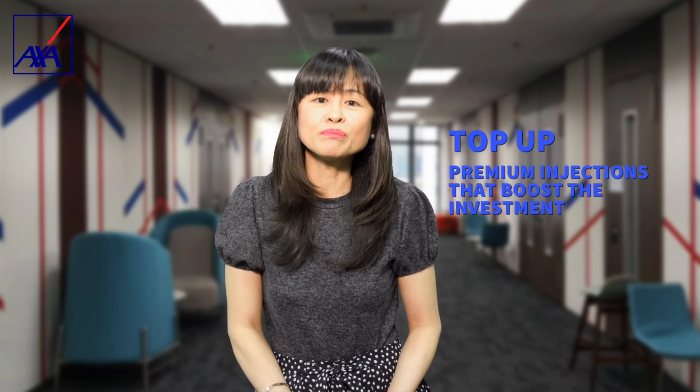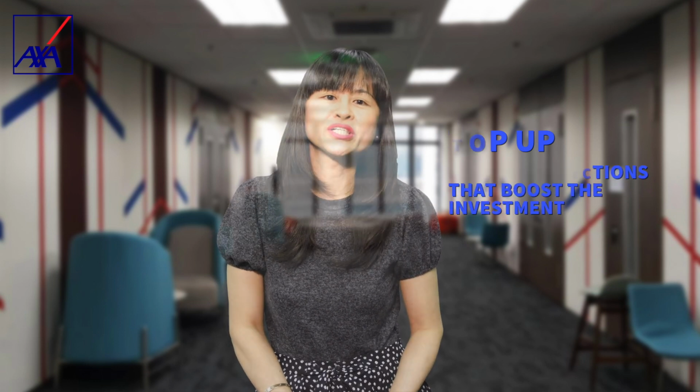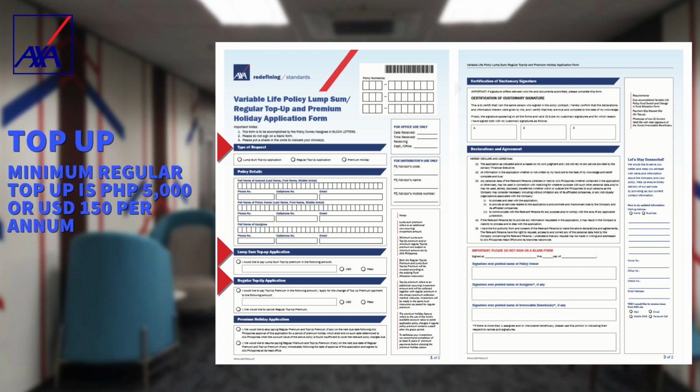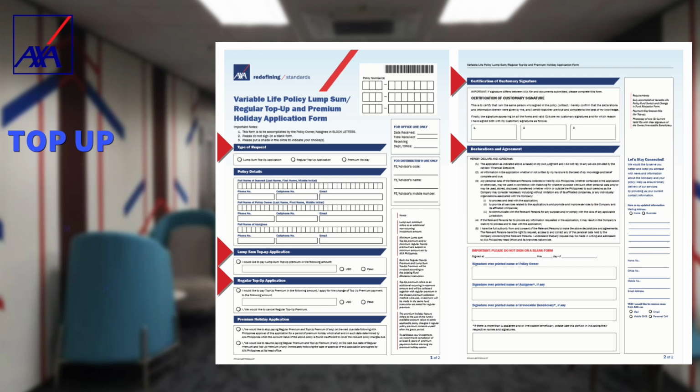Top up. As we previously learned, top-ups are premium injections that boost the investment of a customer. For top-up, always remember, minimum regular top-up is 5,000 pesos or $150 per annum. Minimum lump sum top-up is 10,000 pesos or $250.